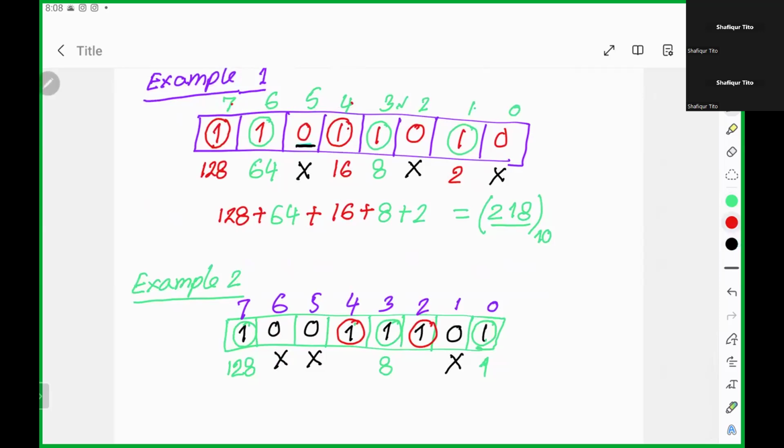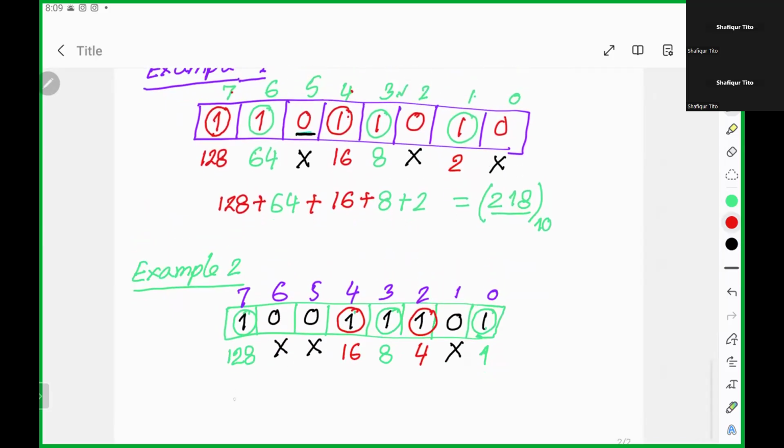Now for the red color, 2 to the power 4 is 16, and 2 to the power 2 is 4. Now we have to add them together. So the decimal value will be 128 plus 16 plus 8 plus 4 plus 1.